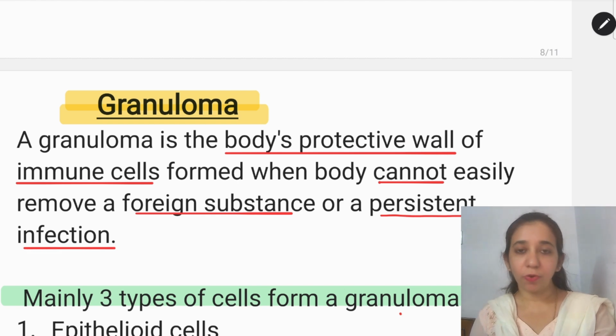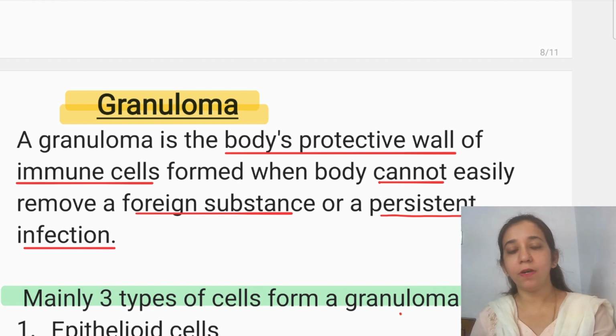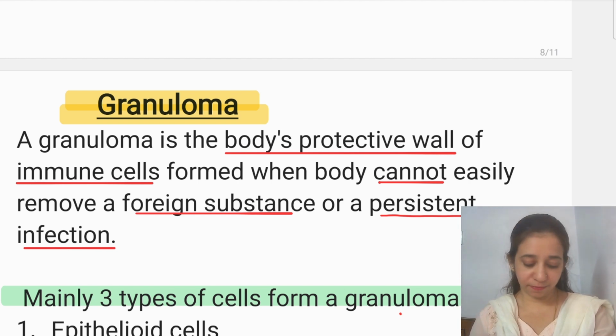In simpler words, when any harmful substance like an infection or a foreign body comes into the body and the body cannot kill it, what will the body do? The body will try to block it off by some immune cells. So this organized formation of cells is called a granuloma.